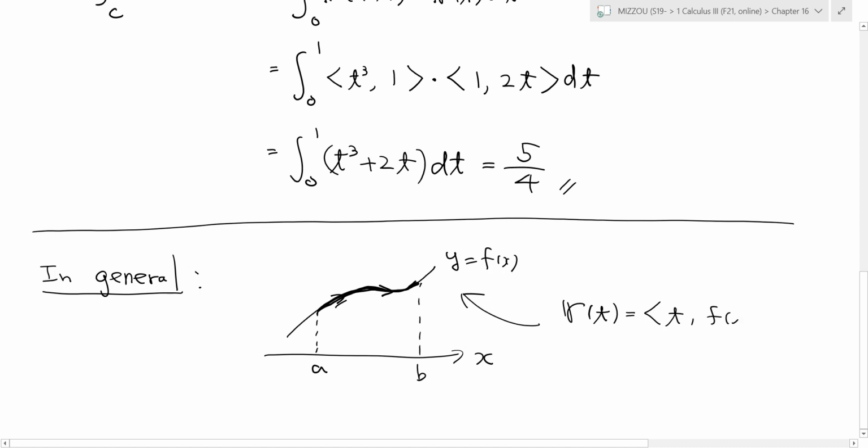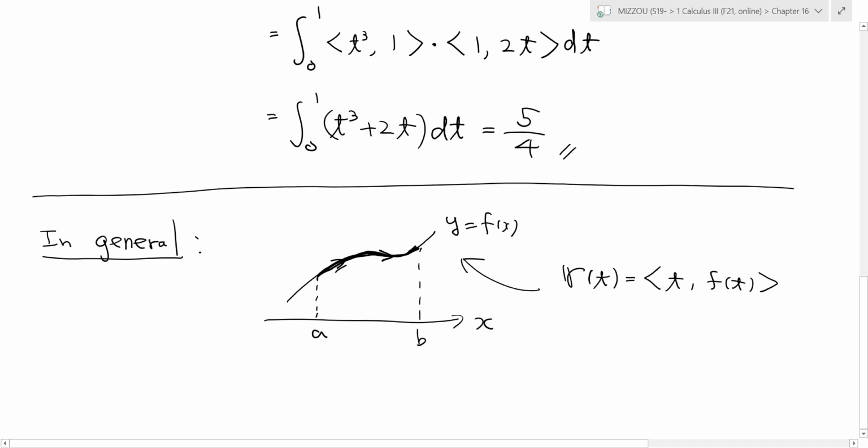This is the canonical way of parameterizing a curve given like this. All right.